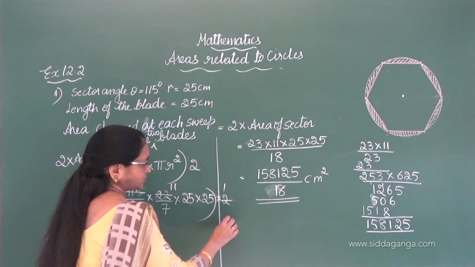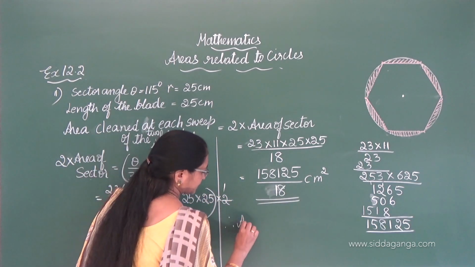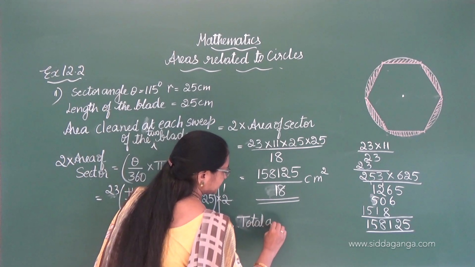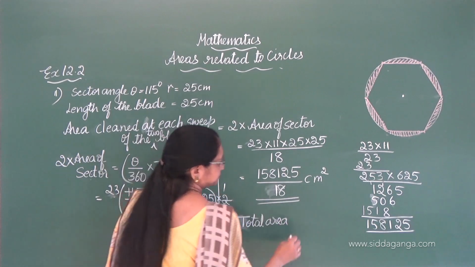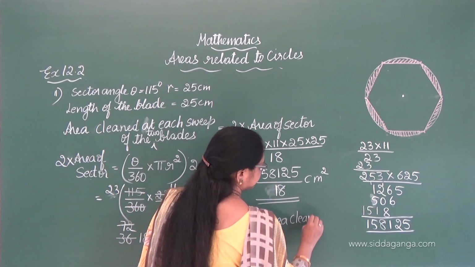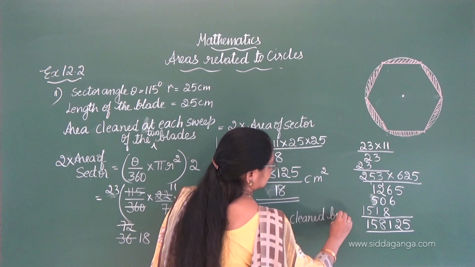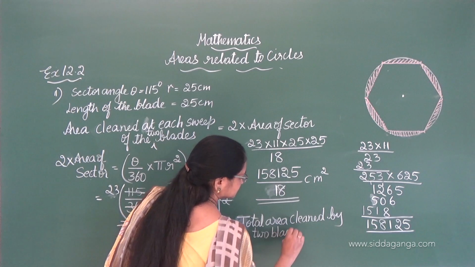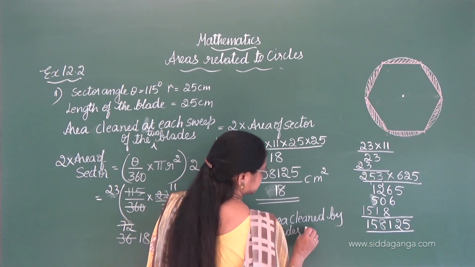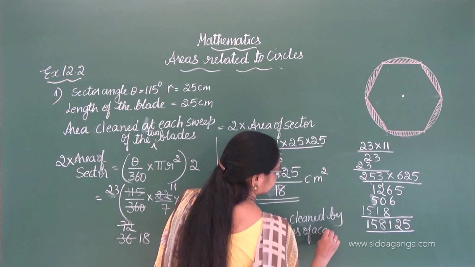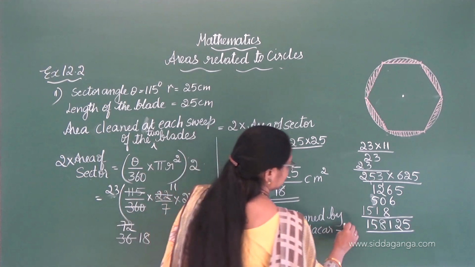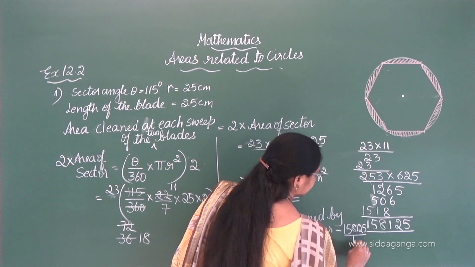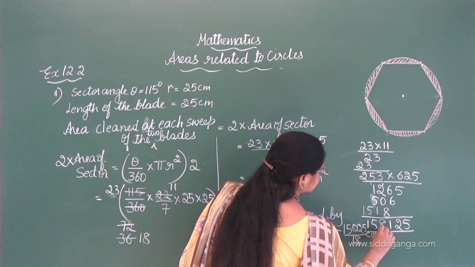So finally what you have to write? Conclusion. Total area of the two blades of a car is 158125 divided by 18 centimeter square.